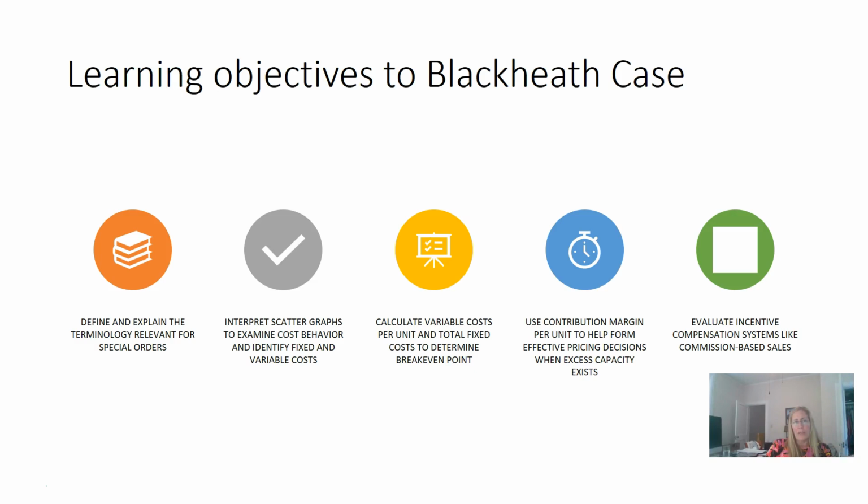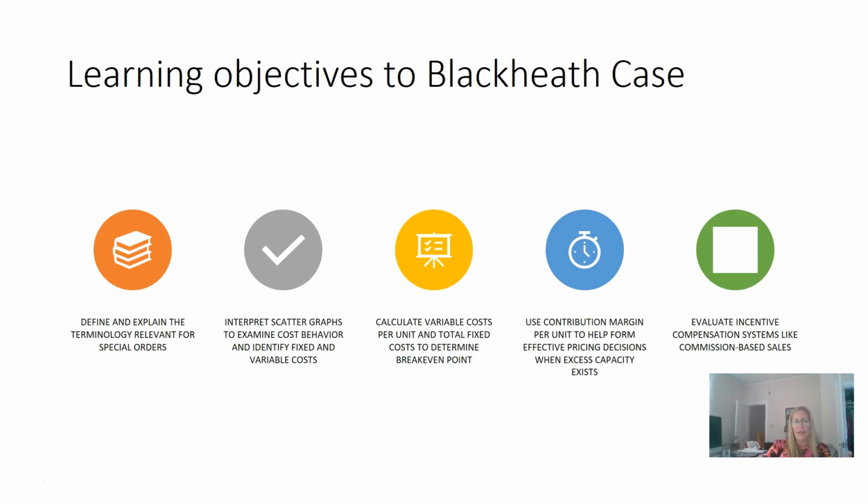So I like to summarize the key learnings of each case. In this case, you've got to get your mind wrapped around what's a special order or an irregular order where you maybe would make a price concession, and how do you interpret those when you have excess capacity, which is what we have in this case.